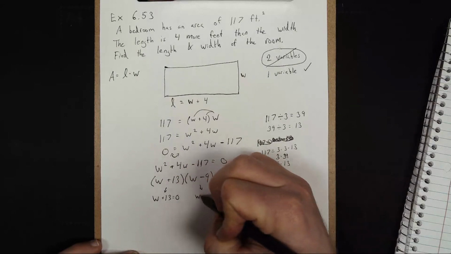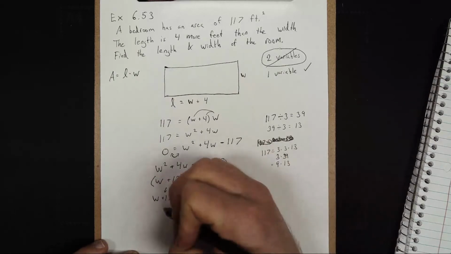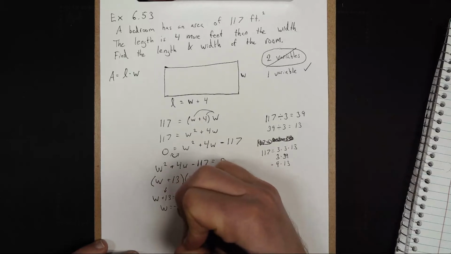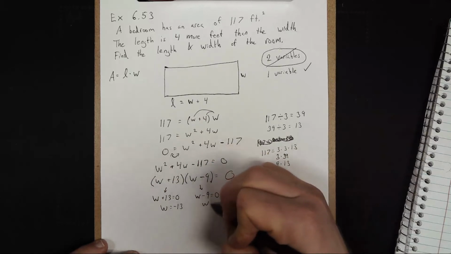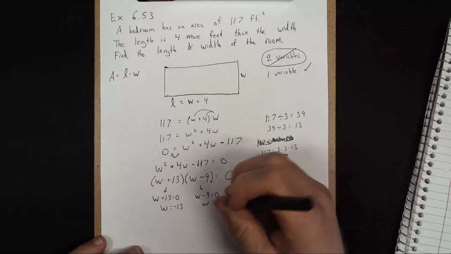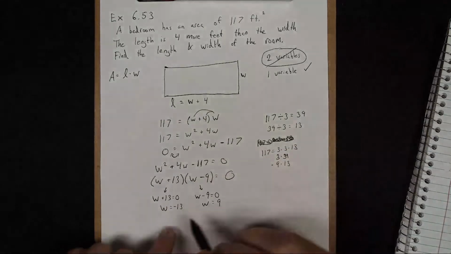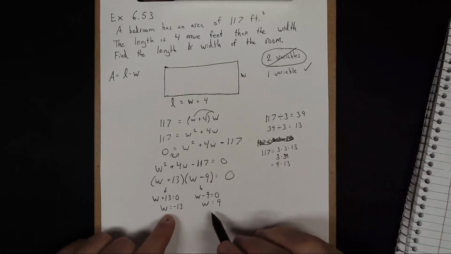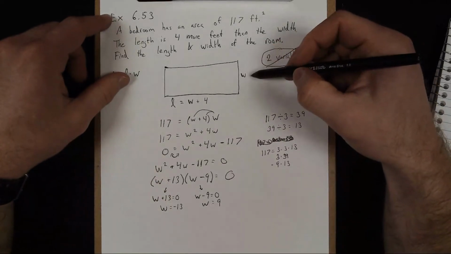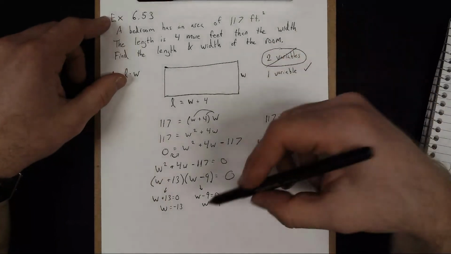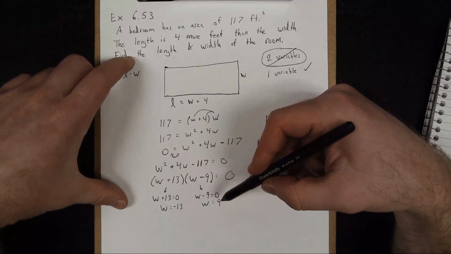Set this equal to 0. And solve. So W is equal to negative 13 and W is equal to 9. But now you're going to see we have two solutions, but we most definitely only have one length here. So if we look at these solutions, one of these does not make sense.